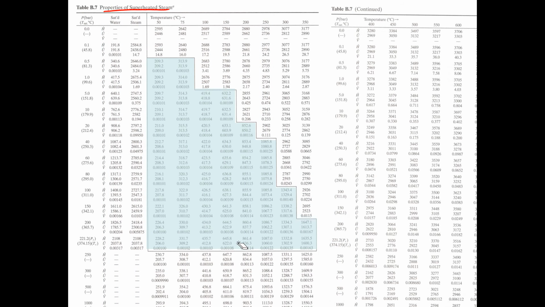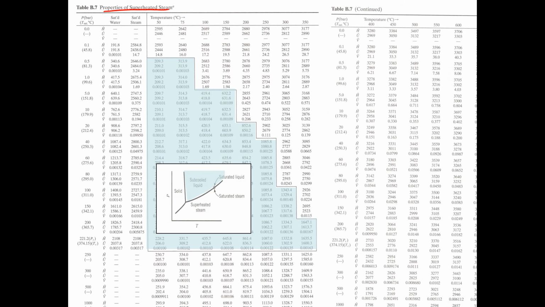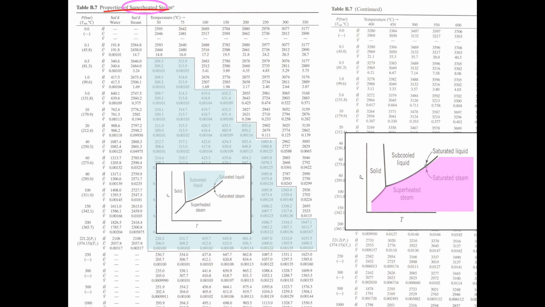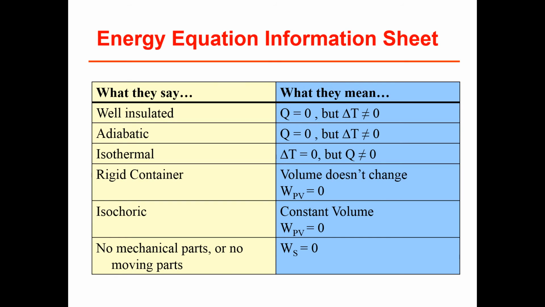So there is our liquid water. That's subcooled liquid, and then we also have superheated steam as well. When we say things in words, we want to equate that to what that means in terms of variables within our energy balance.